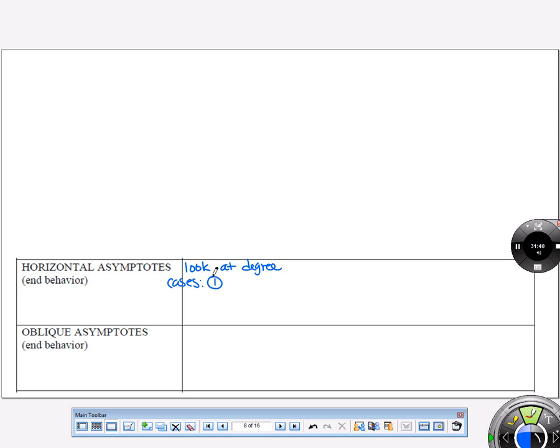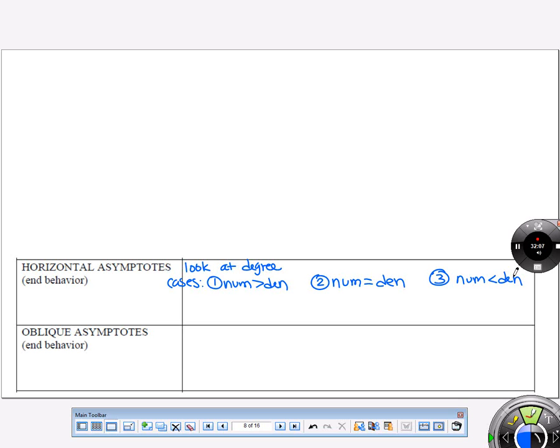Case 1, the numerator has a bigger degree than the denominator. Case 2, they have equal degree. And case 3, the numerator has a smaller degree than the denominator. What happened in case 1, where the biggest power was in the numerator?